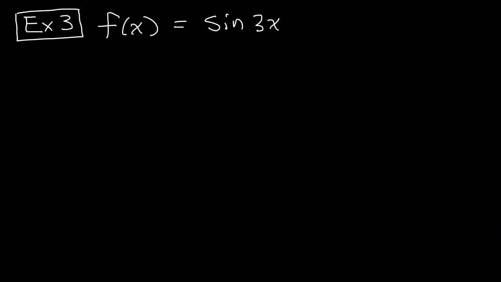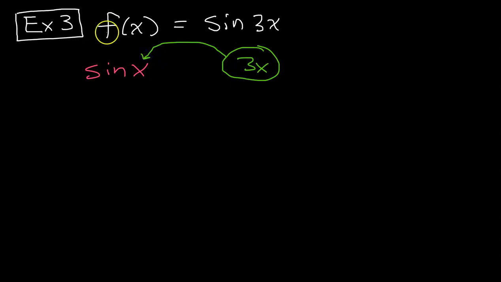Think about the function f of x equals sine of 3x. Now, we can look at this as the composite of two separate functions. The first function would be sine x, and the second function would be 3x. Now, if we imagine taking the second function and substituting it into the first function, then we get the following composite function, which would be sine of 3x.